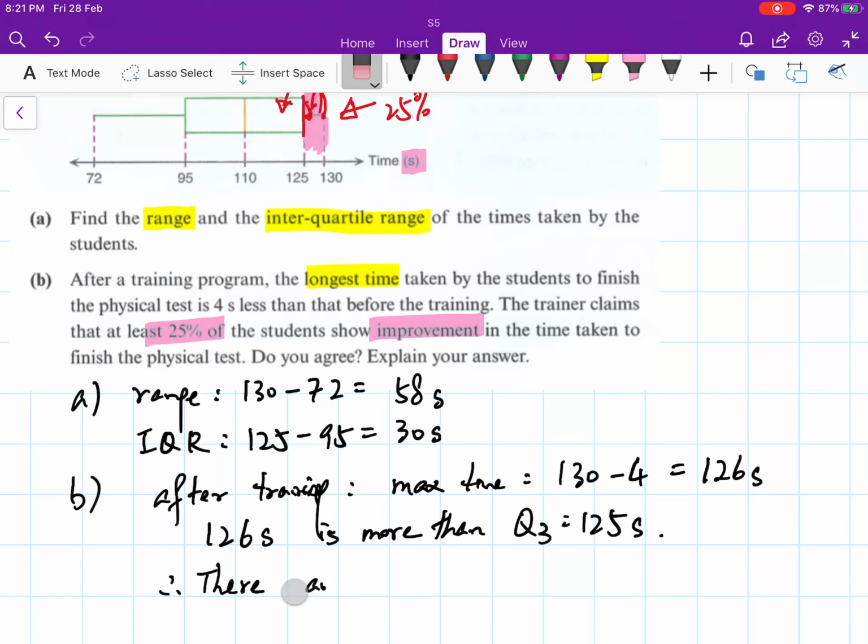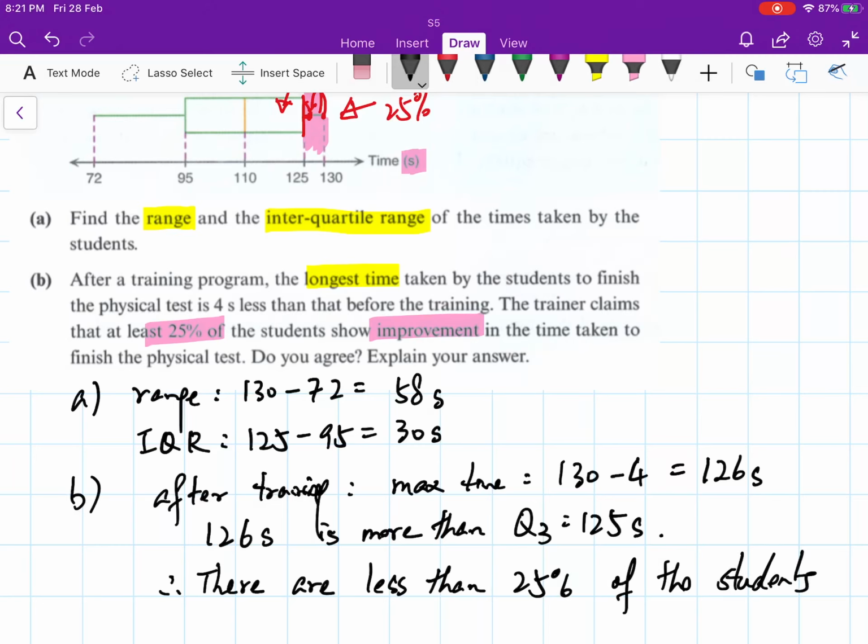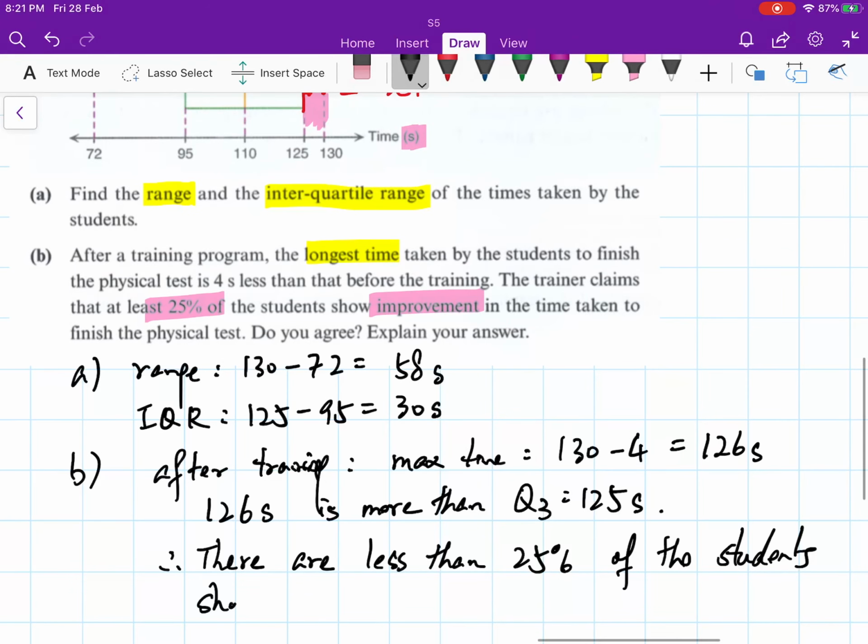Therefore there are less than 25% of the students showing improvement. This is how you can explain your answer.